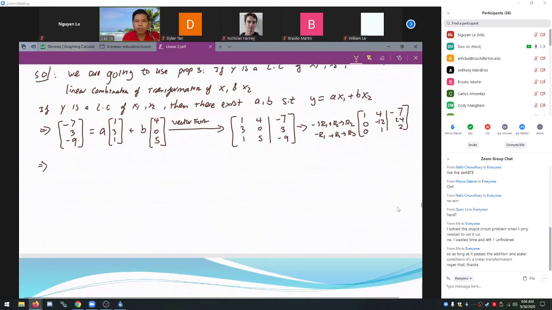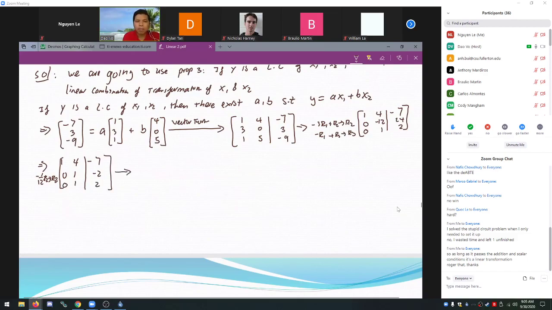Continue with that. So you get 1, 4, negative 7. So negative 1 over 12 row 2 gives you a new row 2. So you get 0, 1, negative 2. So here you get 0, 1, and 2.